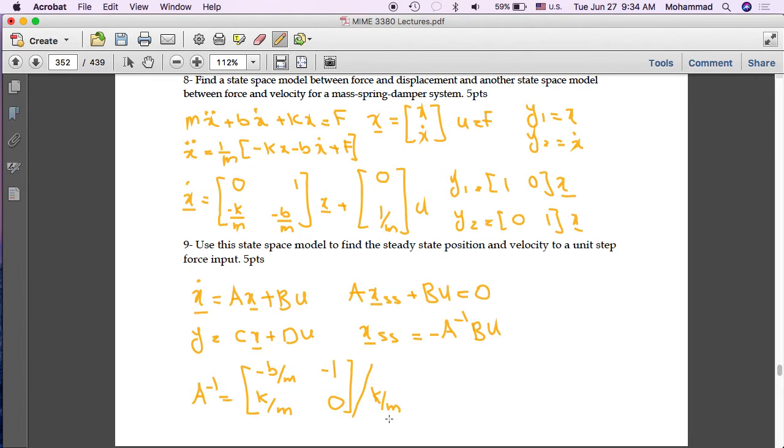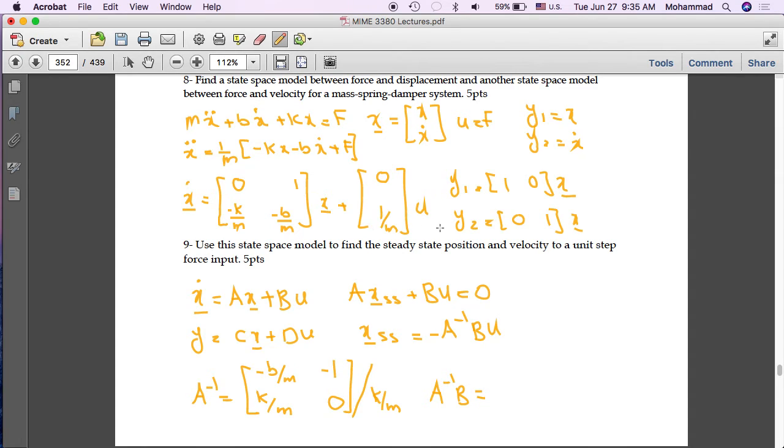Then you take this and multiply it by B. So let's multiply A inverse by B. So B is 2 by 1, A is 2 by 2. So the result is 2 by 1. So 2 by 2 is multiplied by 2 by 1. So we are taking row 1 and multiplying it by this. So minus B over M gets multiplied by 0.